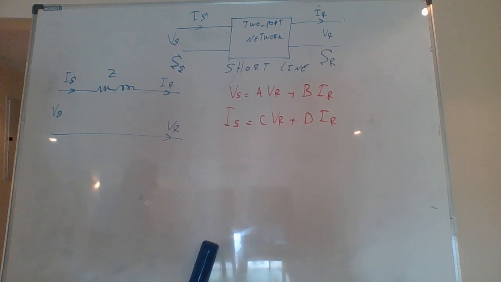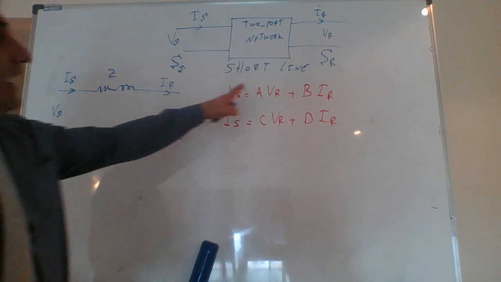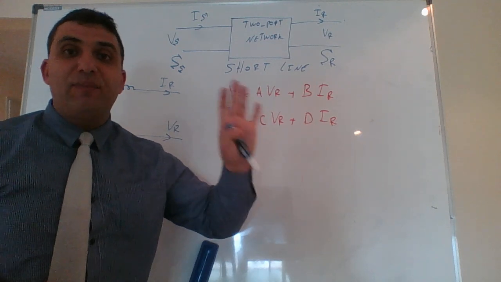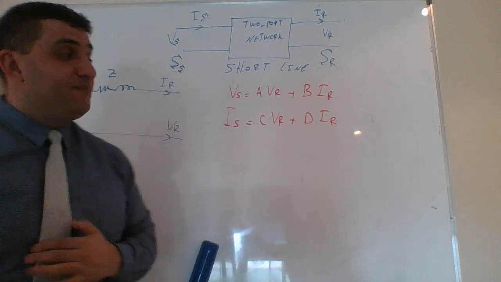The A, B, C, D are complex numbers. This is very important to know.